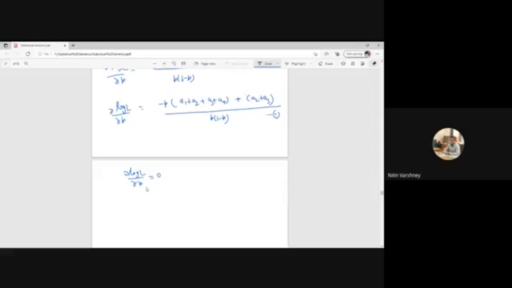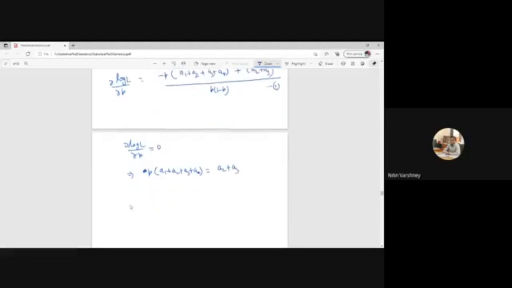Then we will remain with minus p(a1 plus a2 plus a3 plus a4) plus (a2 plus a3) equal to 0. The sum a1 plus a2 plus a3 plus a4 is n. So p is equal to (a2 plus a3) divided by n. So this is the p estimate.